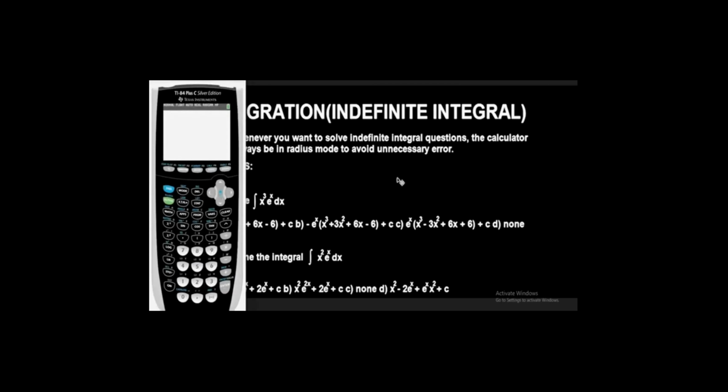Alright, so let's get the TI-84 Plus scientific calculator now and begin to solve this. So guys, this is the TI-84 Plus scientific calculator. Now, the very first thing you have to do will be to reset the calculator to put it in default mode. Very, very important, guys.